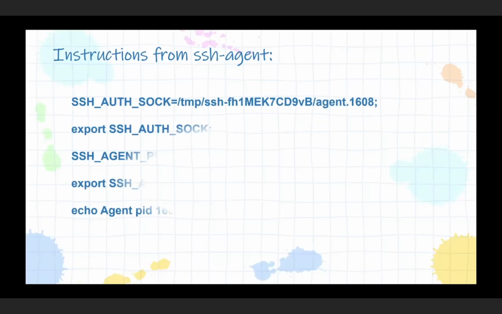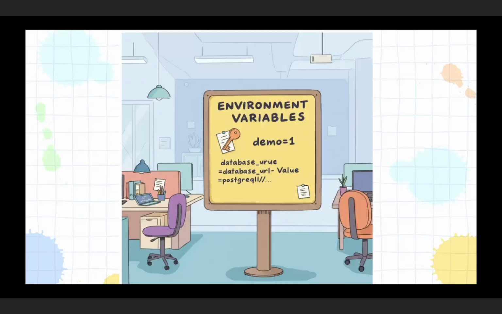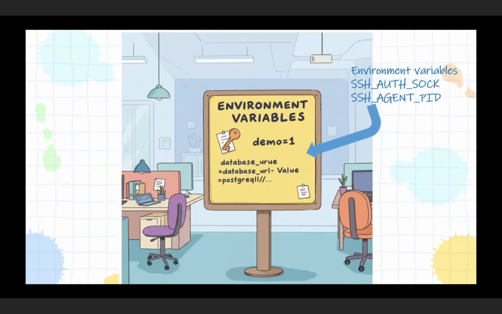If we execute or evaluate the previous instructions, we will get two environment variables and printed information showing the process ID of the ssh-agent. That means two new environment variables would be added into the shell's bulletin. The values of these two environment variables would be accessible in the new processes.